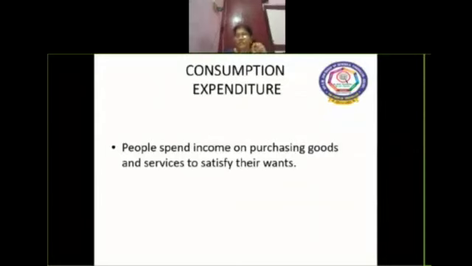His main aim is to satisfy your family, so he has to segregate his income according to that. He may buy provisions, he may pay fees, he has to pay electricity bills. Like that, he has to spend his income on purchasing various goods as well as services. So that is called consumption expenditure.